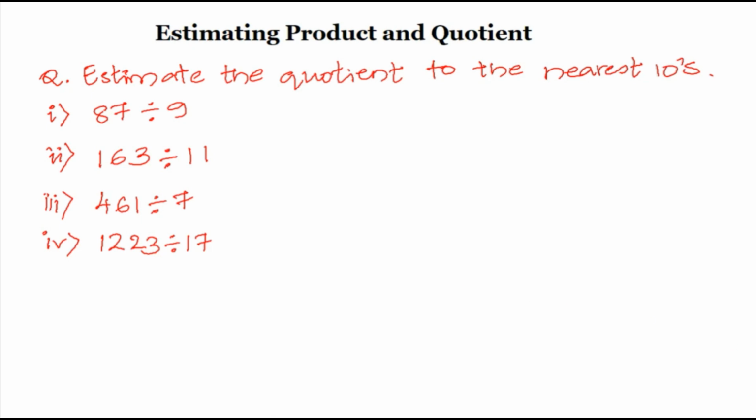Let us find the estimated quotient. First one, let us take 87. When you round off to nearest tens, it becomes 90. When you round off 9, it becomes 10. So the quotient will be 9.